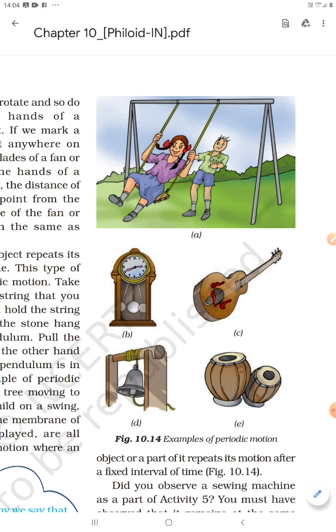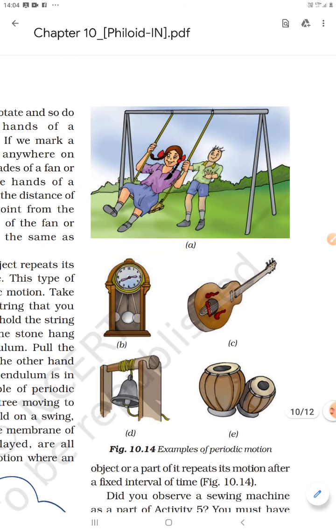When we drive a car, the motion of the car is rectilinear motion, because the car moves in a straight line, but the wheel of that car moves in circular motion. The motion of the wheel is also periodic motion, because the wheels repeat themselves. So this is the type of motion.